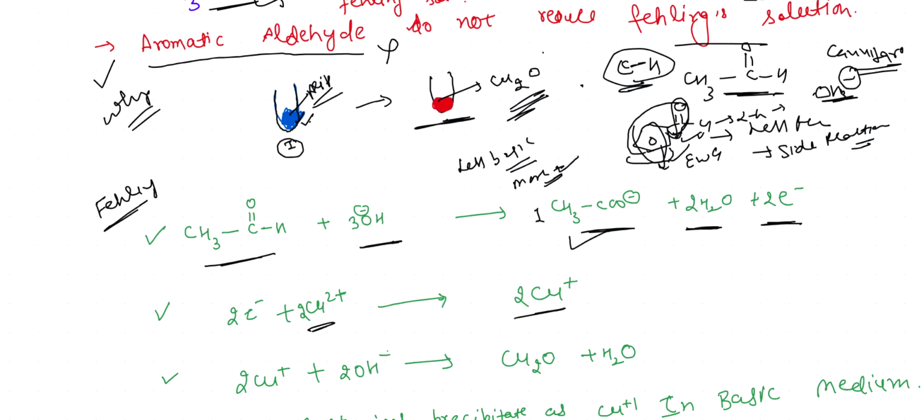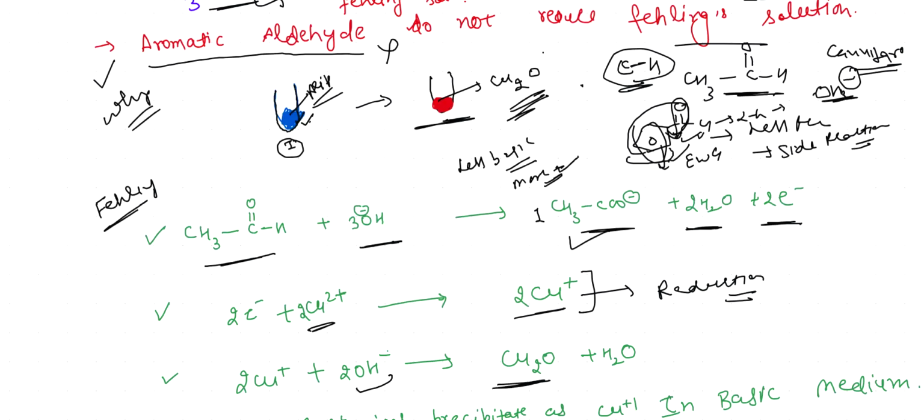So here the cupric ion gets reduced to form cuprous ion. After reduction, this will react again with two molecules of hydroxide ion, and upon reaction it will form cuprous oxide. Clear?